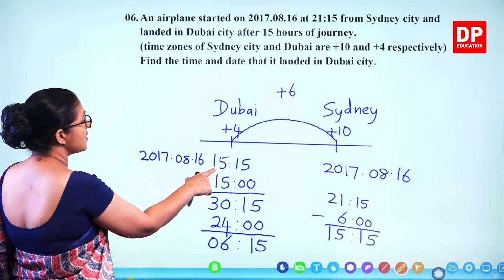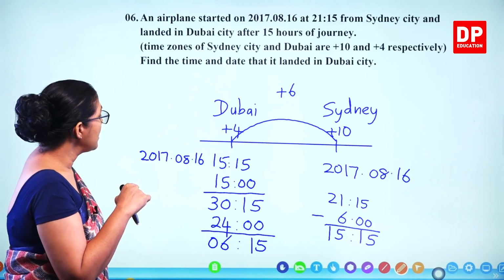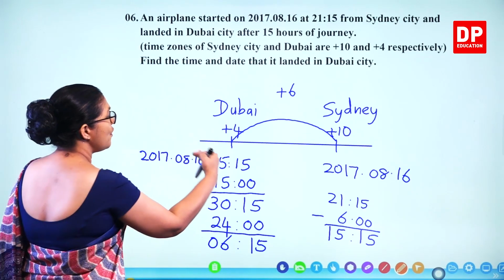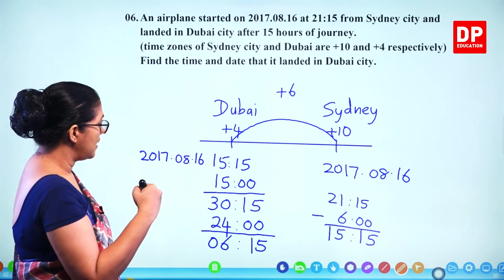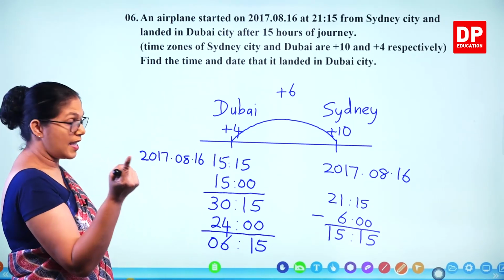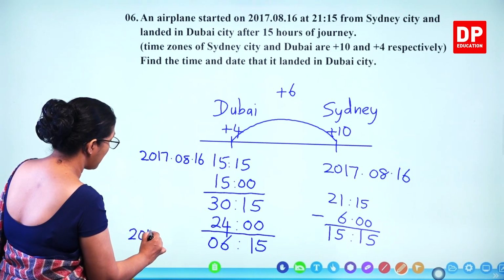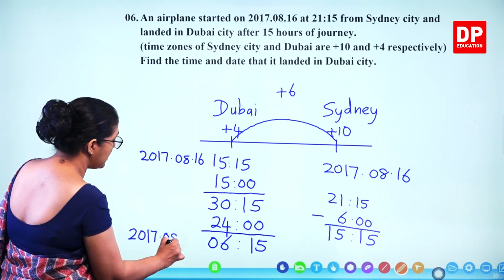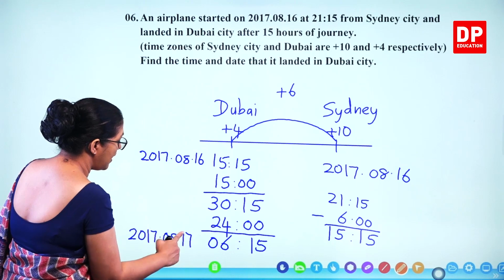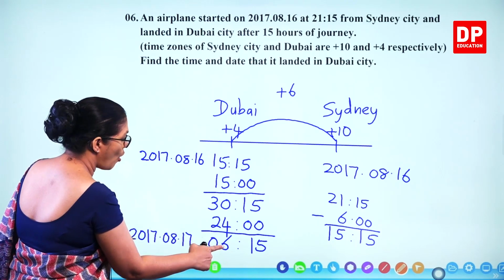But that's like 3 p.m. 15 hours later, this is the next day. That means 2017, 8/17.